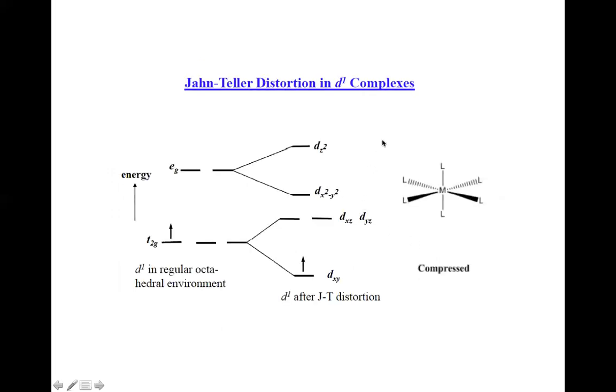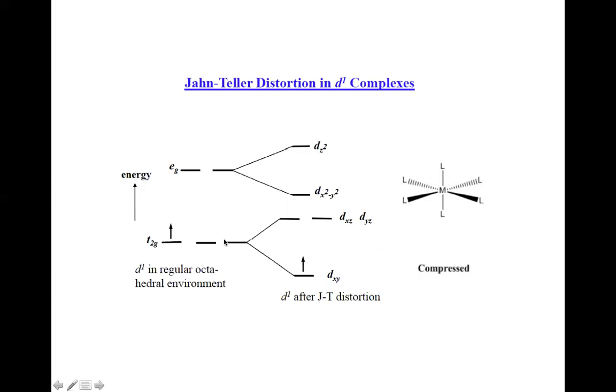So this is a d1 configuration. Here also we can see that since only one electron is there in the t2g set, it is asymmetric or dissymmetric, for which it will also show Jahn-Teller distortion.